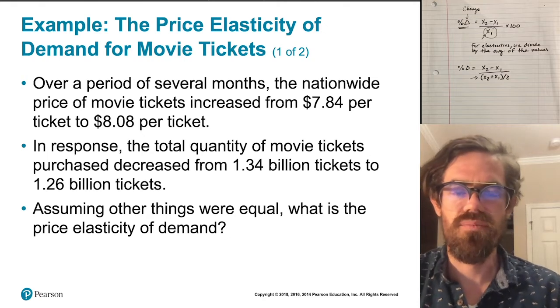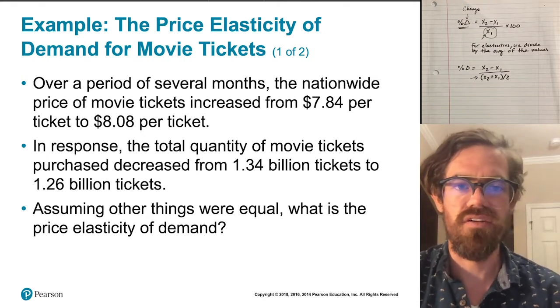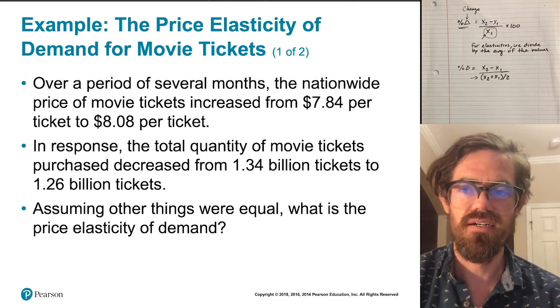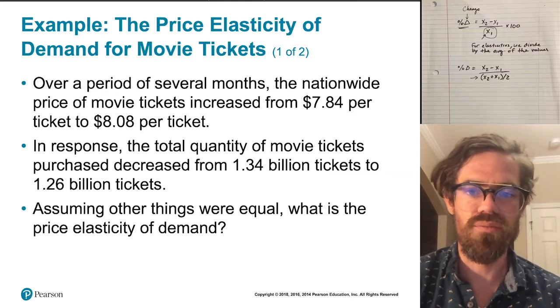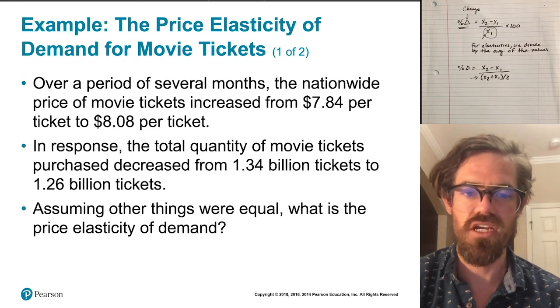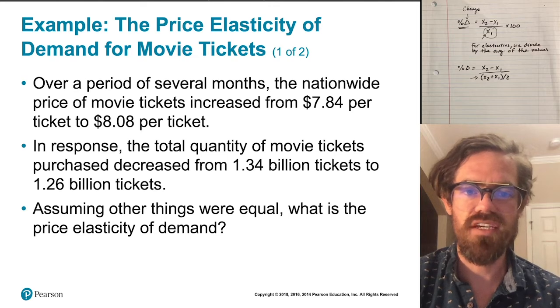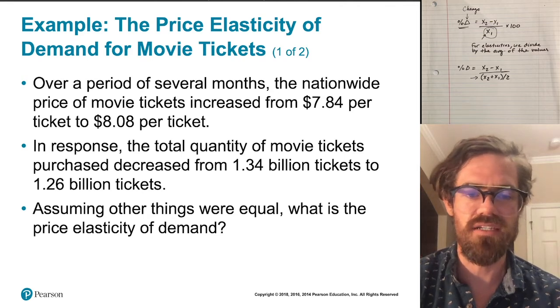Okay, so here's a numerical example involving the price elasticity of demand for movie tickets. And so here again, we're not given the percent changes; we're given absolute changes. So we're going to need to use the new formula we just saw. The nationwide price of movie tickets increased from $7.84 per ticket to $8.08 per ticket.